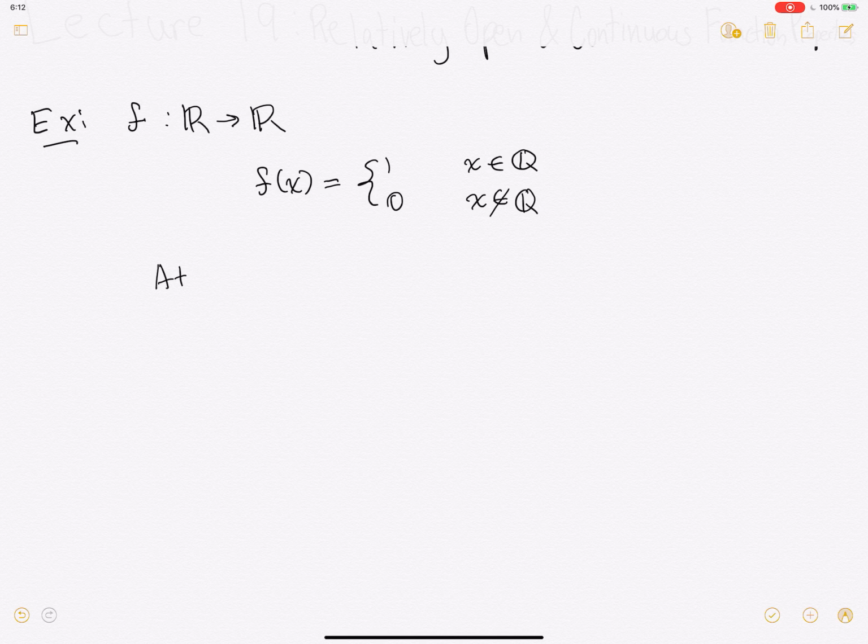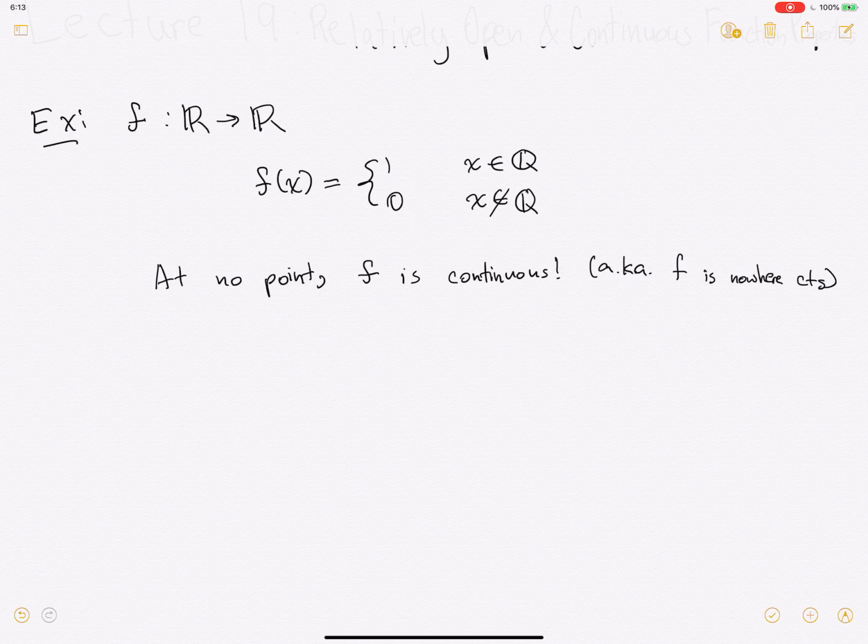At no point is f continuous. So it's discontinuous everywhere, or nowhere continuous. F is nowhere continuous.